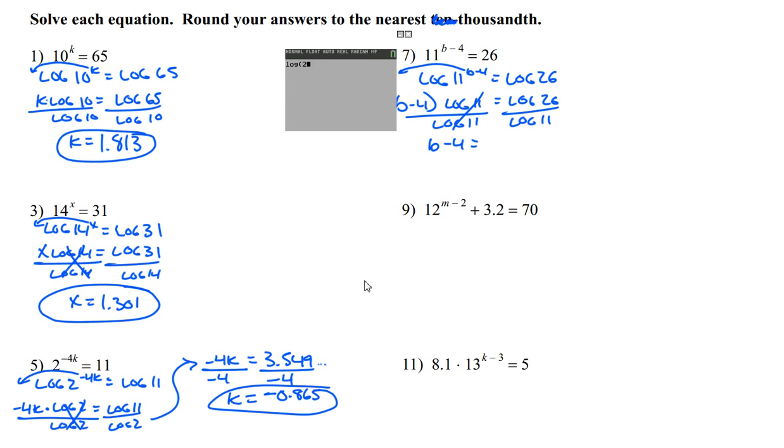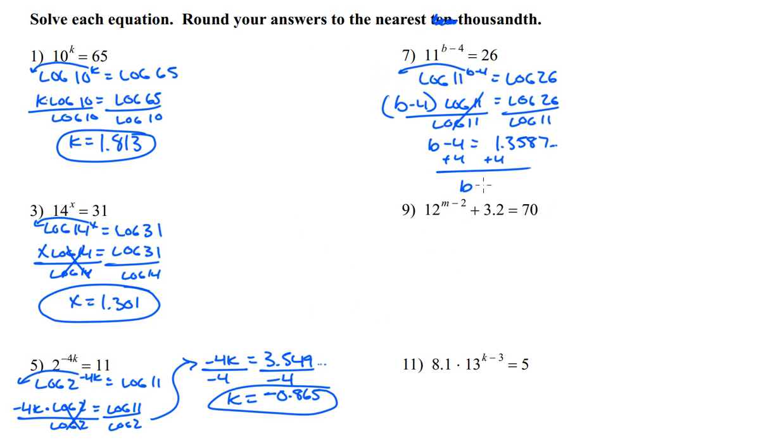Log 26, divide by log 11 equals 1.3587. Add 4 to both sides, and we get that b is 5.359 if we round it off to the nearest thousandth.